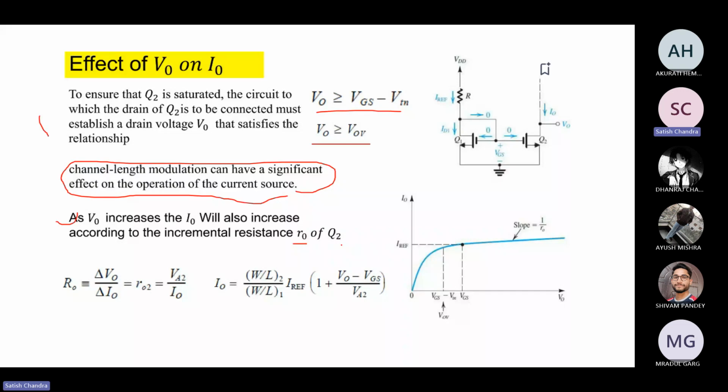So basically, if you want the equation, the early voltage comes into the picture, and that equation is going to govern.